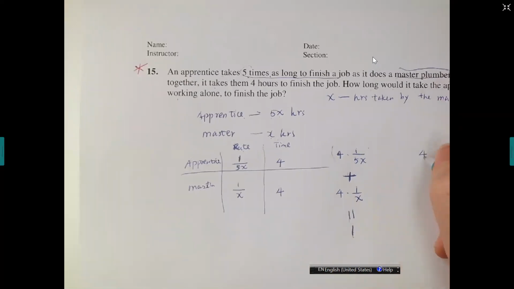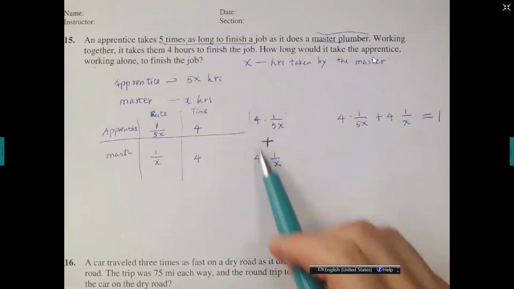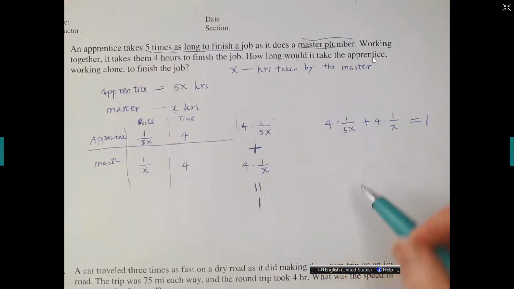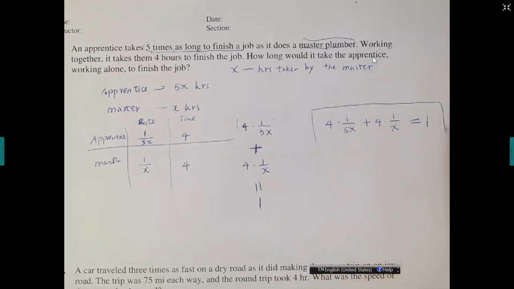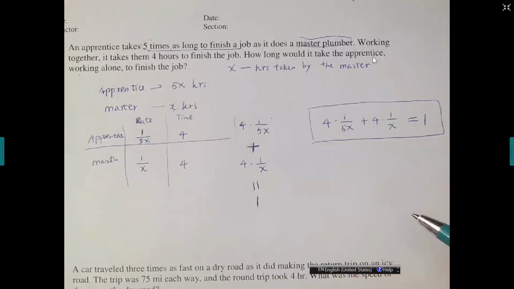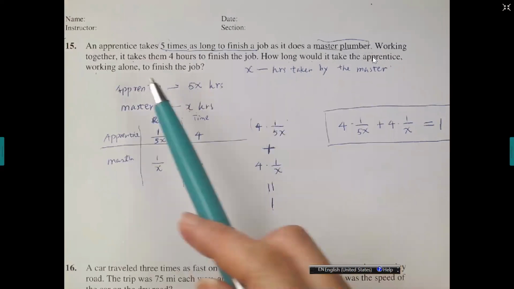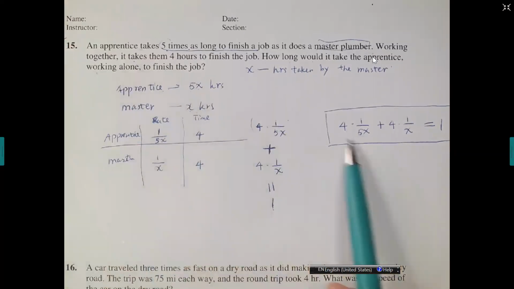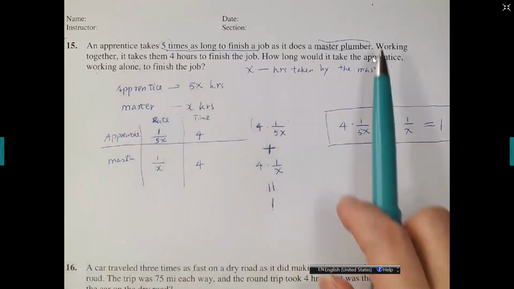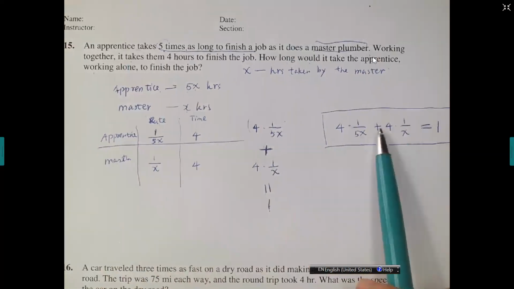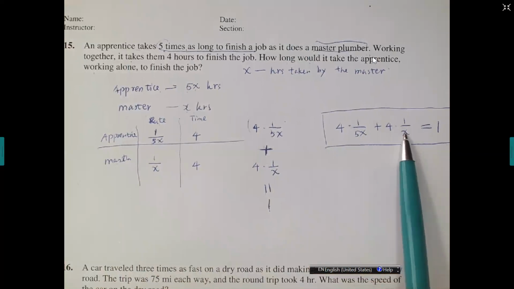We get 4 times 1/5 plus 4 times 1/x equals 1. And this is the equation that we found by ourselves, which represents the original word problem, the practical problem. So nobody gives out the equation. We got the equation by ourselves first.